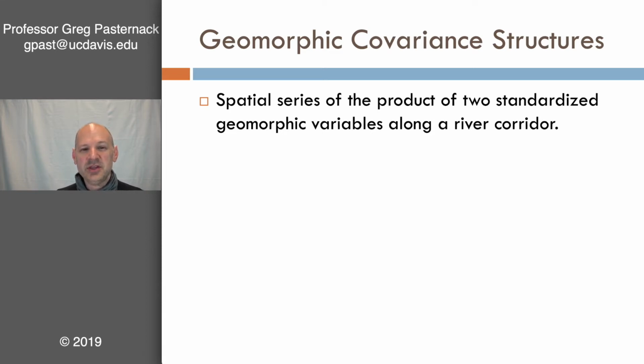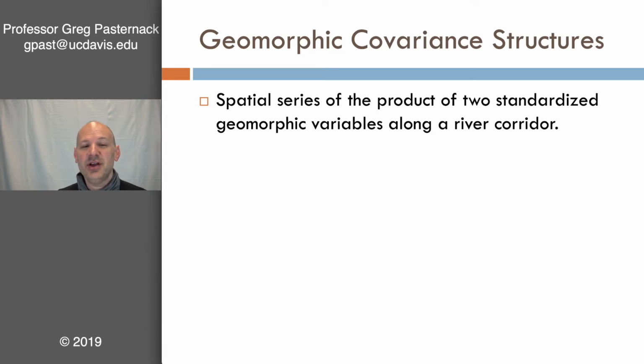So we came to the conclusion that we like the word covariance because it includes covary. It's like, how do any two things covary down the river? That's what we're interested in. Now, we're geomorphologists, so we're focusing on geomorphic covariance, but recognize, as we have, that it's not limited to geomorphology.